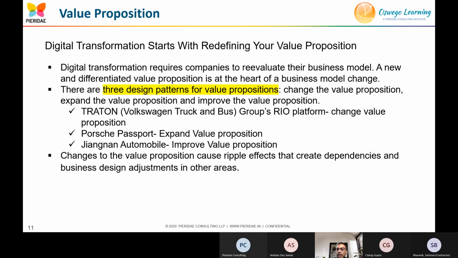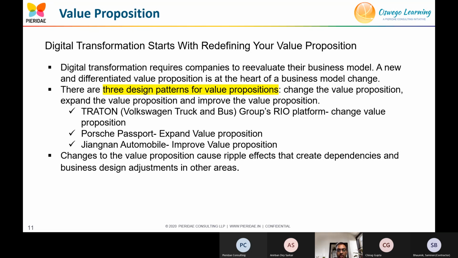But what is Volkswagen meant for? Volkswagen truck and bus is meant for manufacturing trucks and buses, right? That is their core value. I deliver vehicles to my consumers, trucks and buses, mostly commercial. Now they came up with a platform called Rio, an open cloud-based platform. Anybody can join Rio.